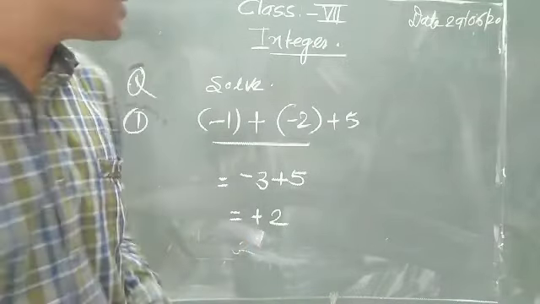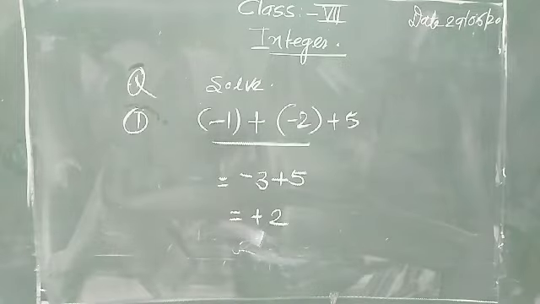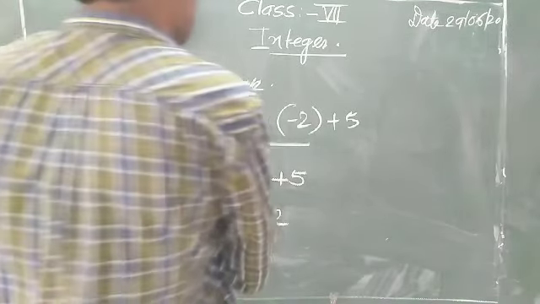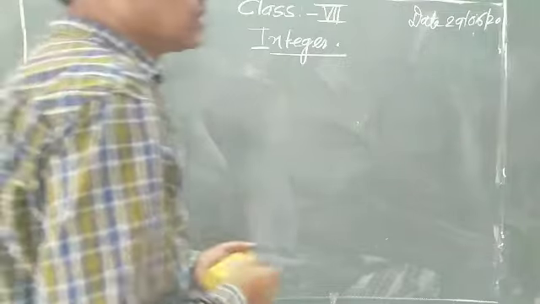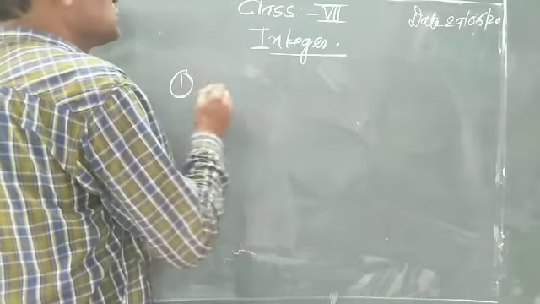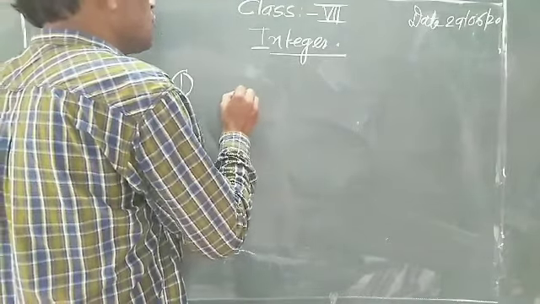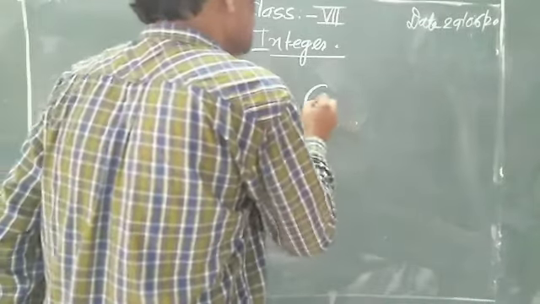We will take another example. Next, -3 minus of -7.